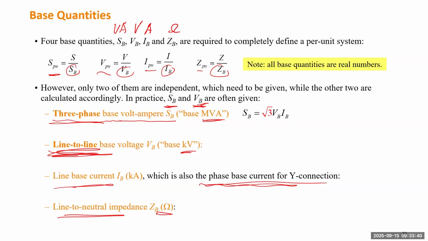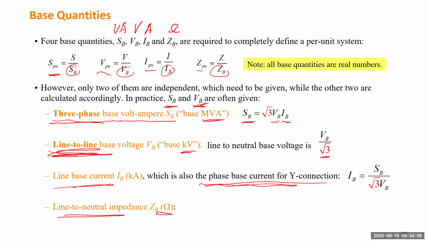some useful formulas. First, if we know the base for voltage and current, the power base will be the product multiplied by root of 3, because it's a three-phase system. Line-to-line voltage divided by root of 3 will give you the line-to-neutral voltage. Line current is basically the same.